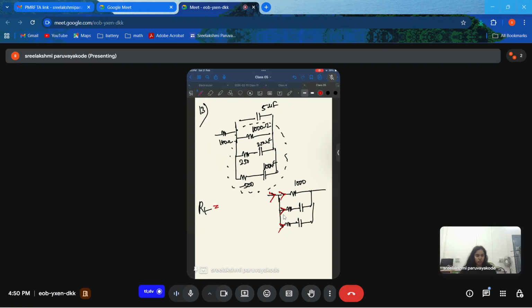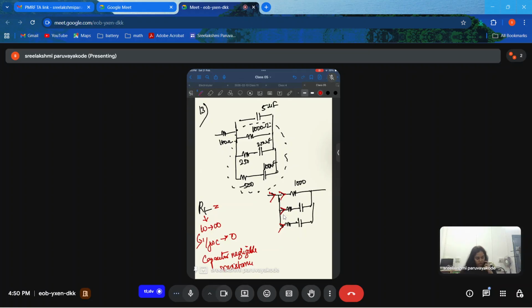When omega tends to infinity, you get the RT value. So 1 by j omega c will tend to 0 when omega tends to infinity. That means the capacitor offers negligible resistance.